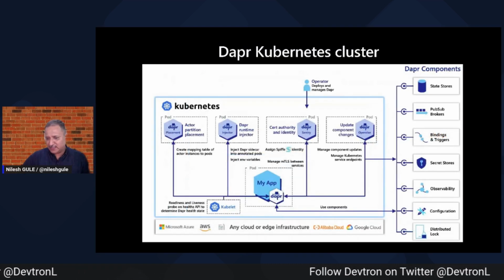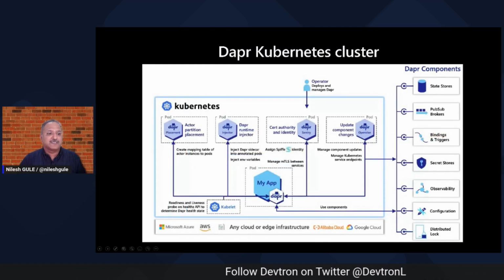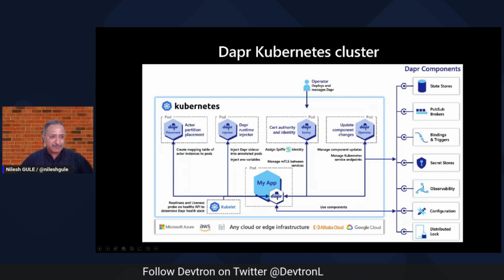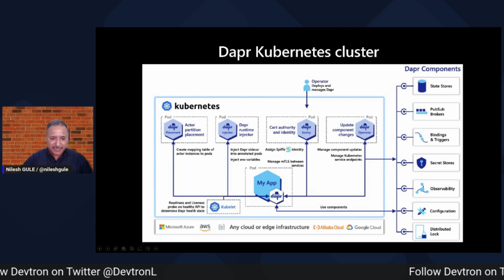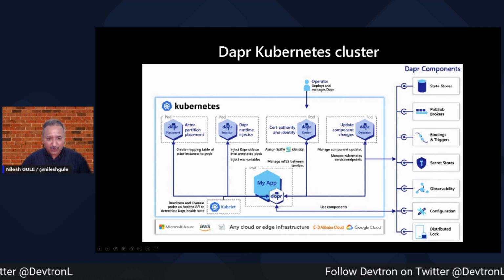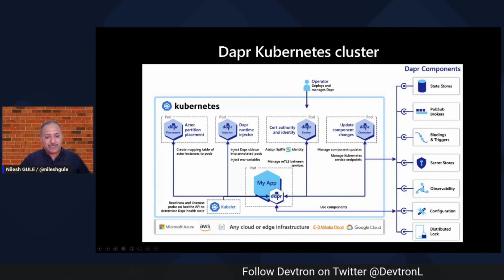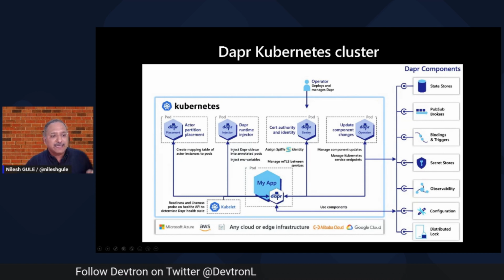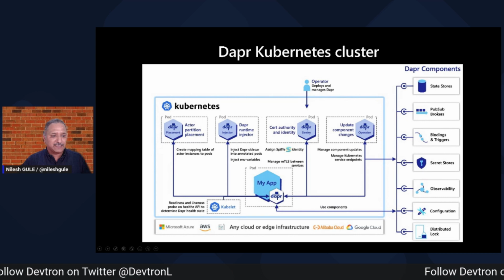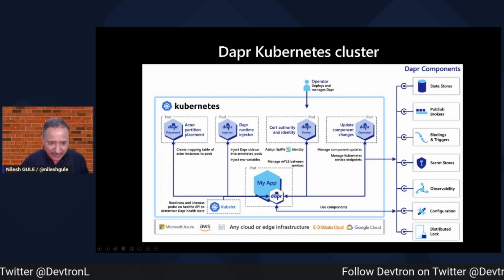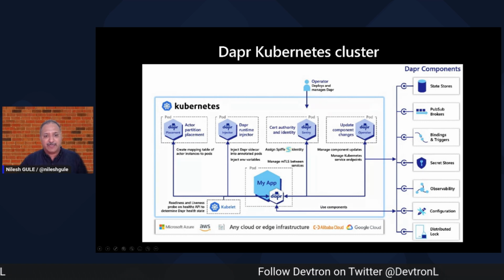So this is how Dapr works. Dapr has these different components which work internally. There is the sidecar component, which is the main component, which sits along with the actual application code, but it also has things around the actor placement or for placing the objects. It has the runtime for injecting different capabilities.